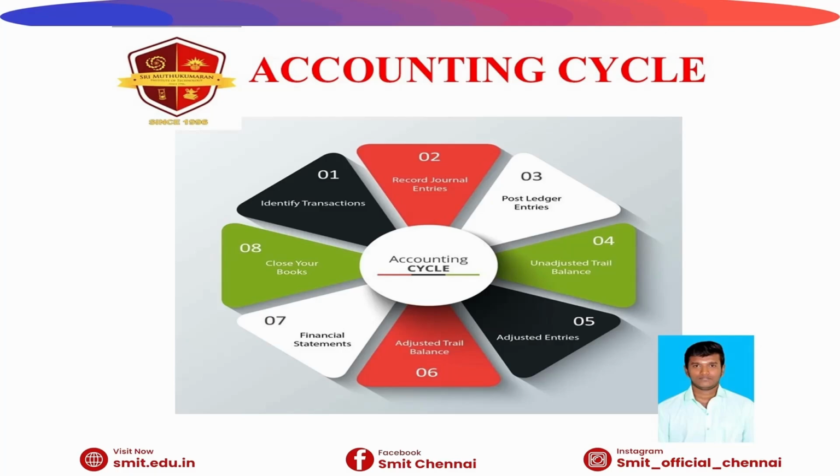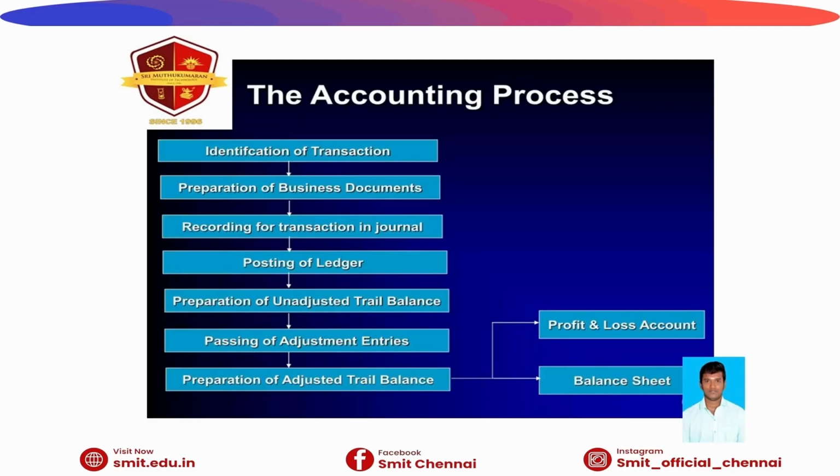Next, we can see the accounting process: identification of transaction, preparation of business documents, recording of transaction in journal. That's what I have said. First, we have to prepare the journal and then ledger and then trial balance and then final accounts.